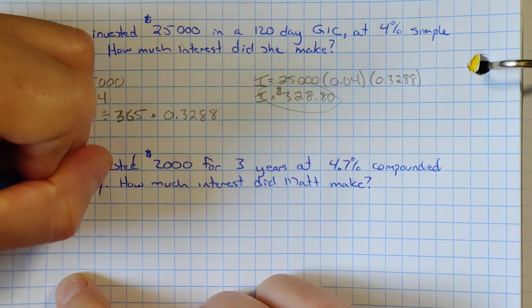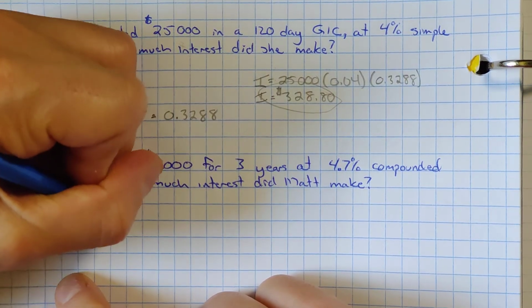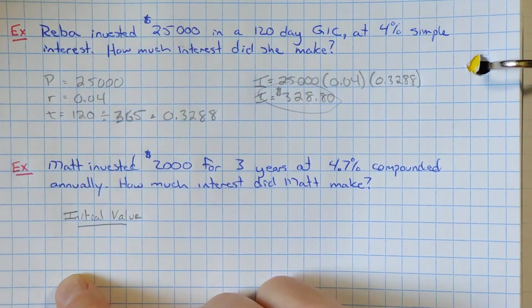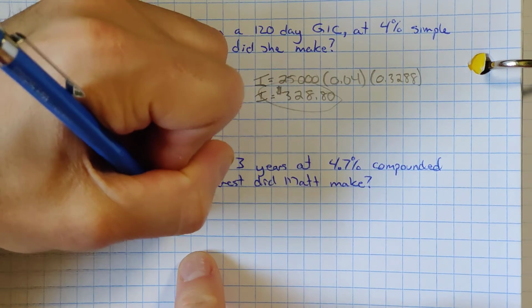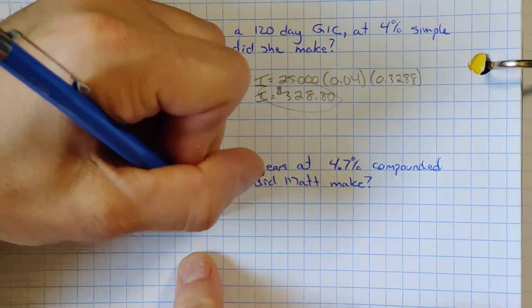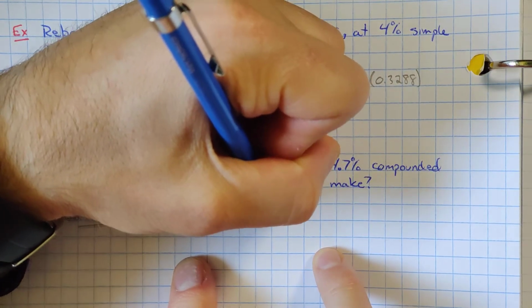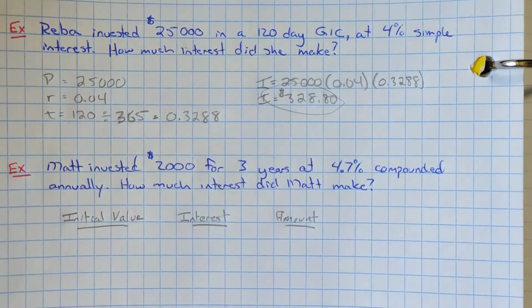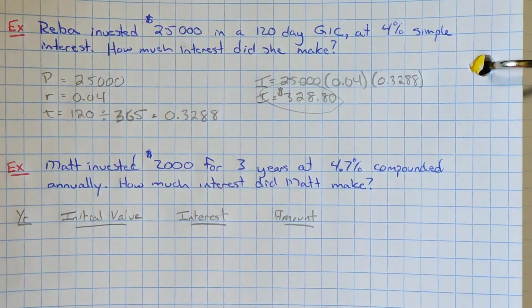So the initial value, the interest, and the amount are the three values we're going to track, year by year.